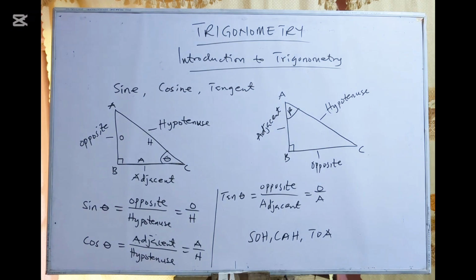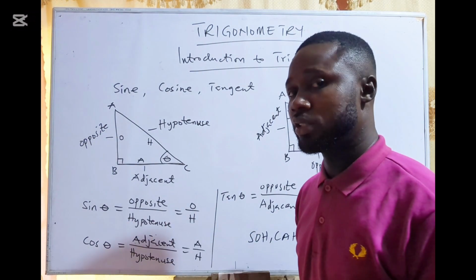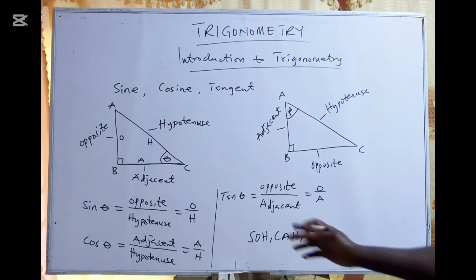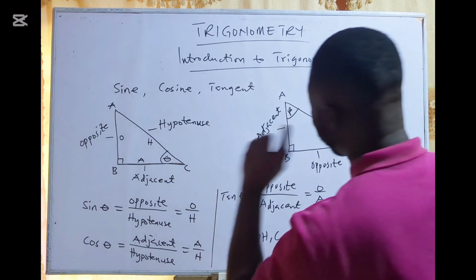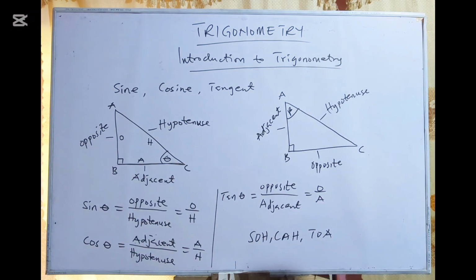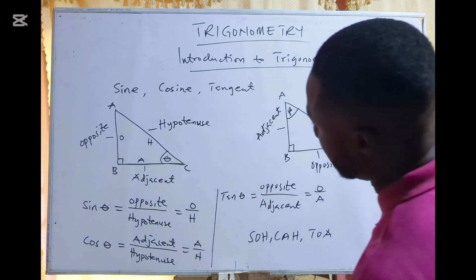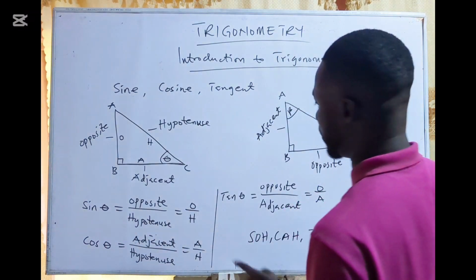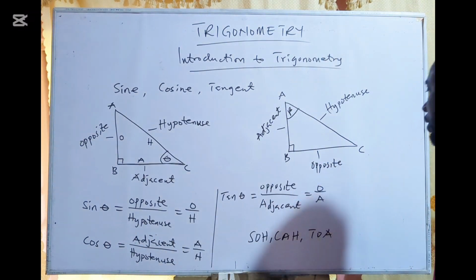So when you get any triangle, and you want to calculate the angle or the side, you can go by the SOHCAHTOA. And the triangle should be a right angle triangle.